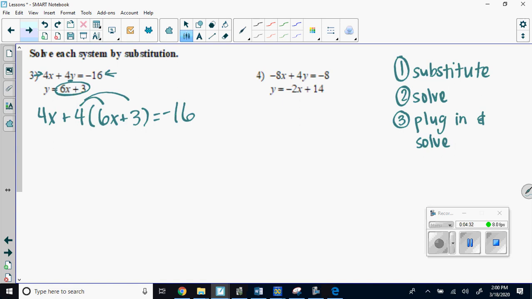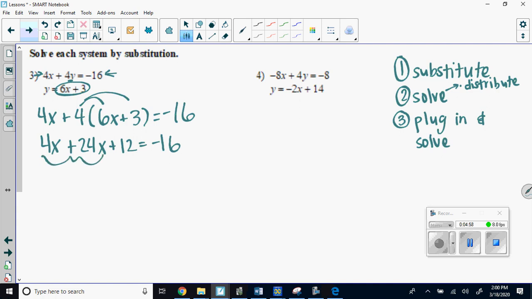When we solve, there's a few steps. You have to distribute: 4x plus 24x plus 12 equals -16. I almost said plus 18, but 4 times 3 is 12.